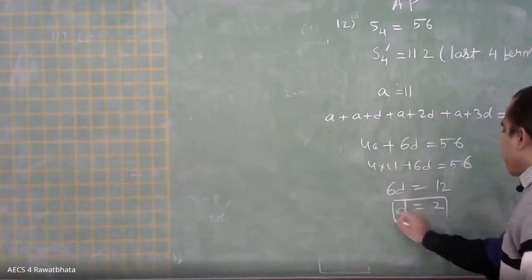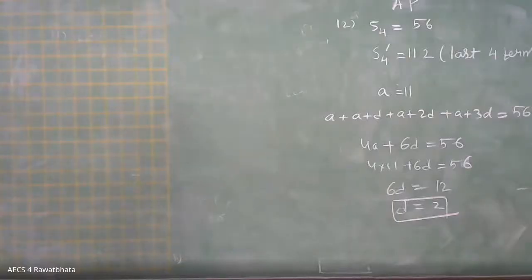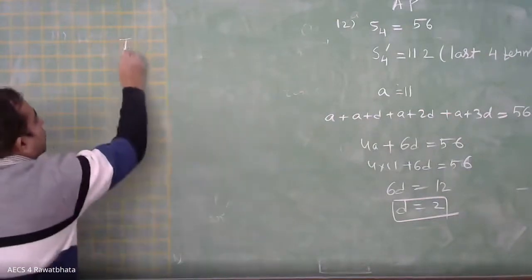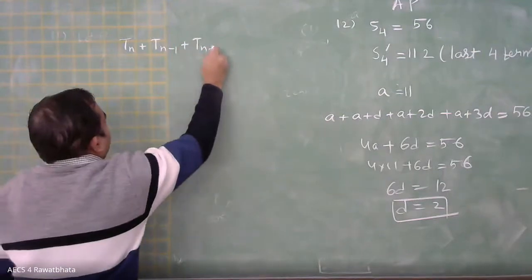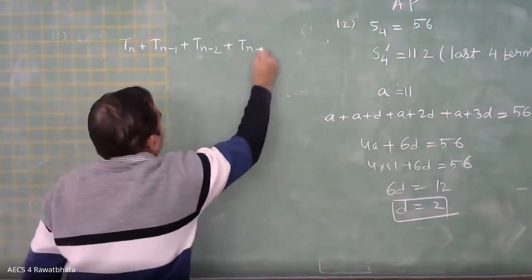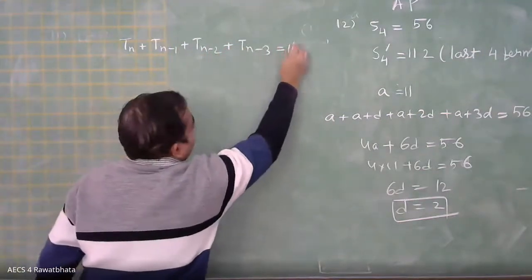Yes. Then what next? So for last terms we can suppose A plus D n minus 1 plus A plus D n minus 2. Last four terms I should take Tn plus Tn minus 1 plus Tn minus 2 plus Tn minus 3, right? Correct, Devanshi?